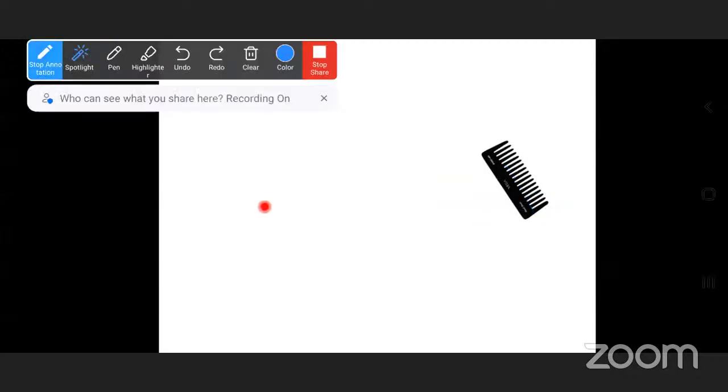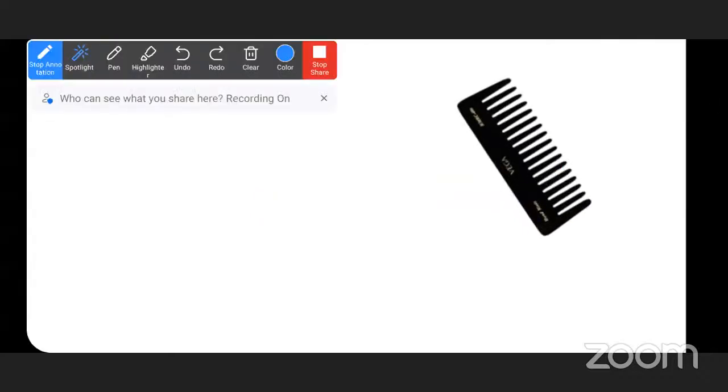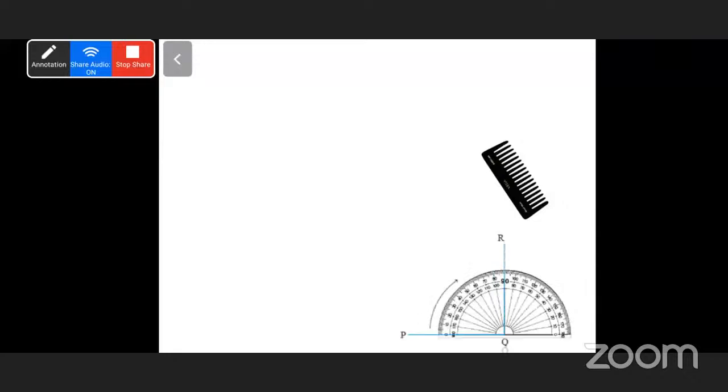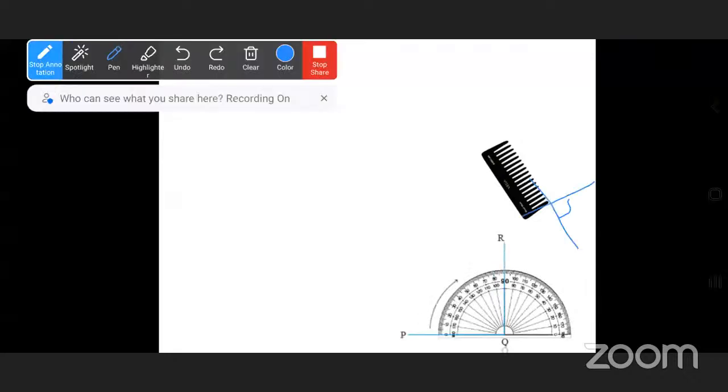Again, tell me what is the angle made by the comb. Now, if you see, what is the angle made? Right angle. Very good, dear. It is a right angle. A right angle means it measures exactly 90 degrees.